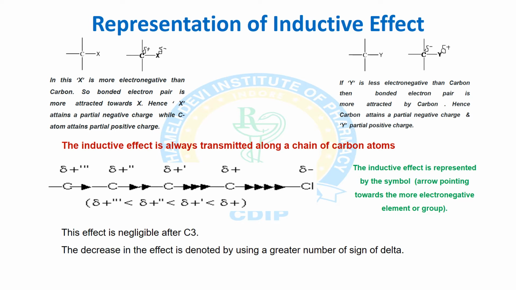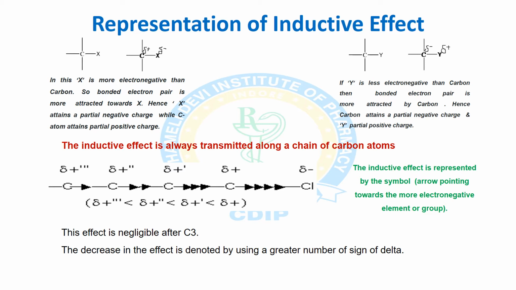It can be a plus inductive effect or a minus inductive effect, and it is always transmitted along a chain of carbon. Here you can see in the picture the molecule CH3CH2CH2CH2Cl, which is known as chlorobutane. In that molecule, the chlorine is attached here.